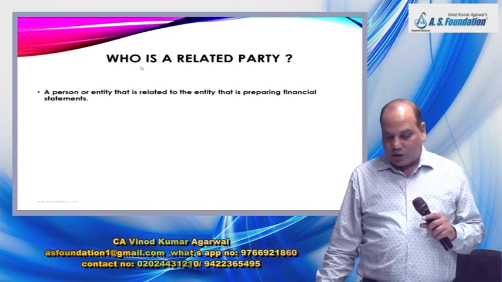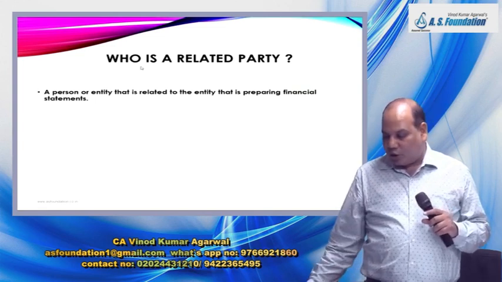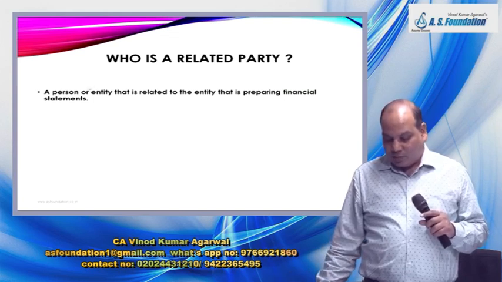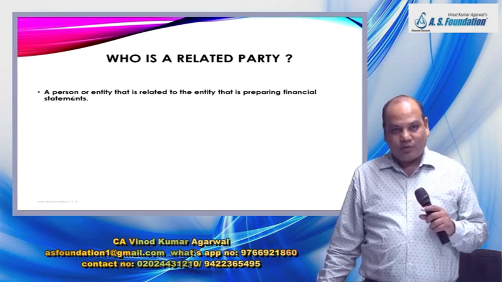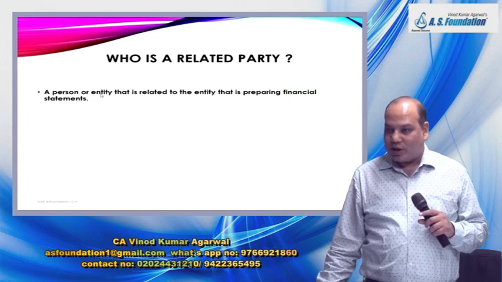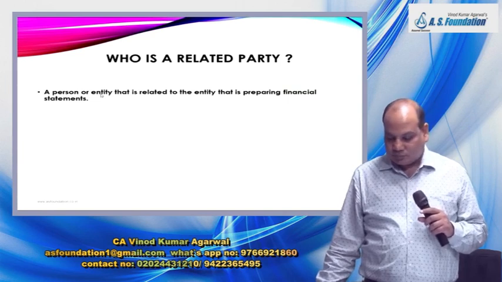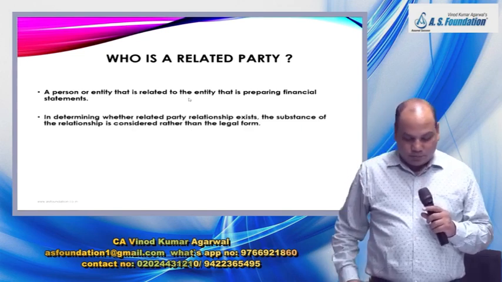So this standard says a related party can be either of the two. Related party of an entity can be a person. Person means natural person, human being. Or it can be an entity, meaning artificial person. That is related to the entity that is preparing the financial statement.